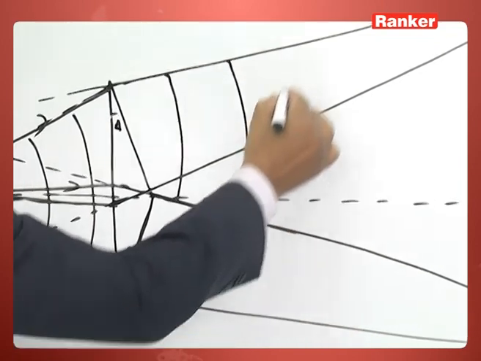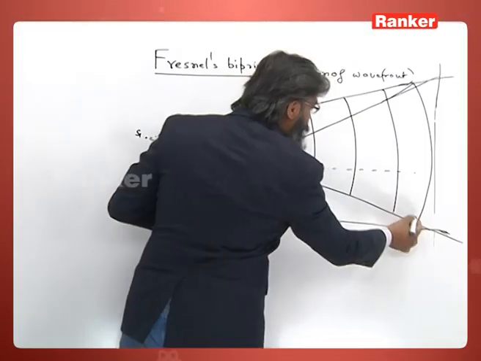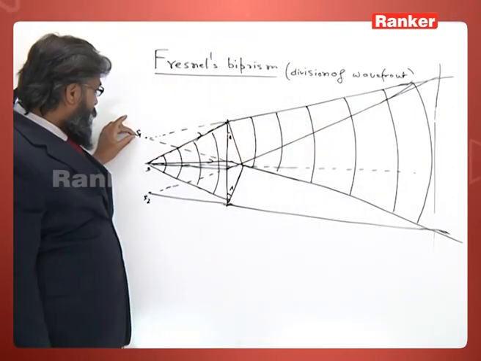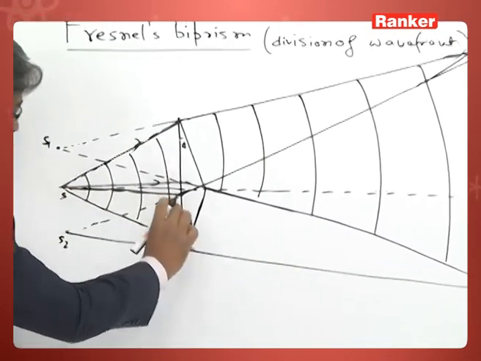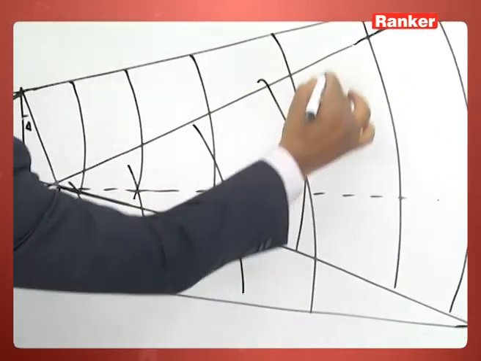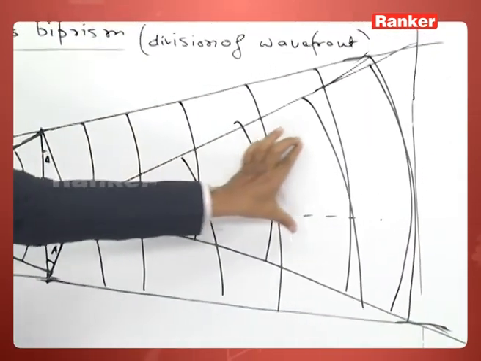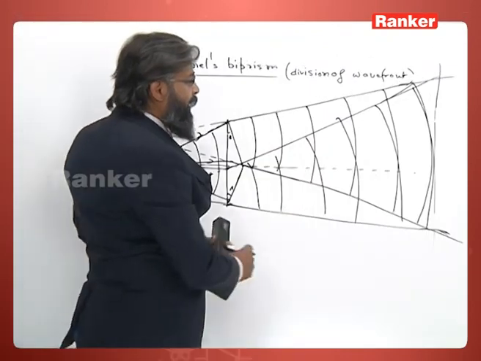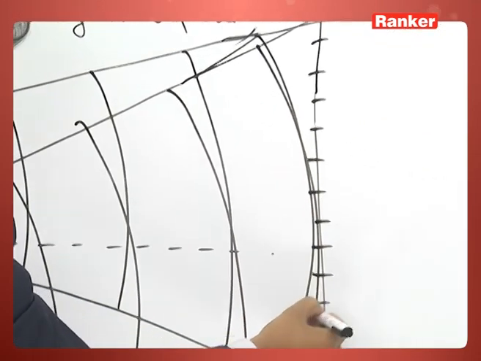This wavefront seems to be coming out from S1, and there is a wavefront from the lower half which seems to be coming out from S2. This is the region where the two wavefronts superimpose and form an interference pattern.